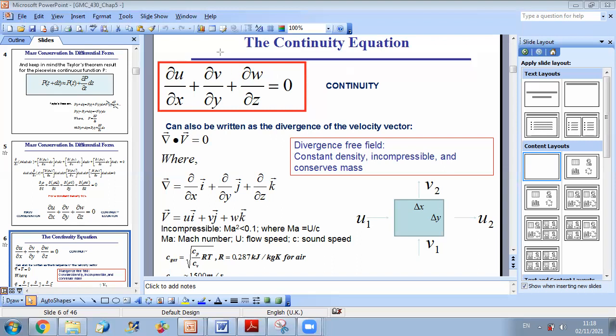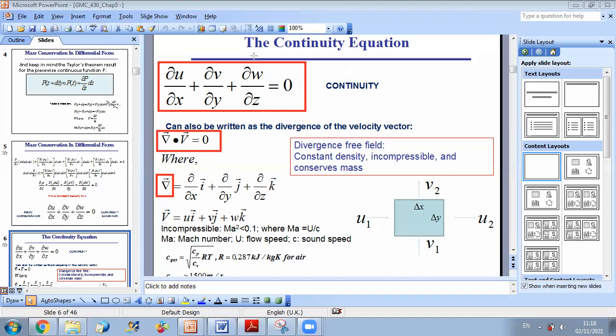In math, we can define the divergence of a velocity vector as grad dot v, the dot product with velocity. And the grad operator is defined as del by del x i plus del by del y j plus del by del z k. Then since the velocity vector is ui plus vj plus wk, when you do the dot product of the gradient operator with the velocity vector, you will get del u by del x plus del v by del y plus del w by del z.